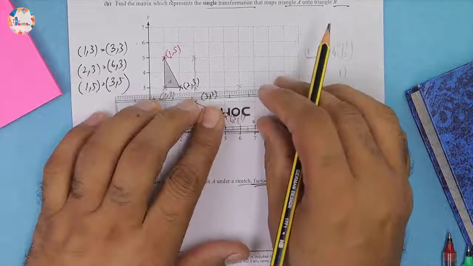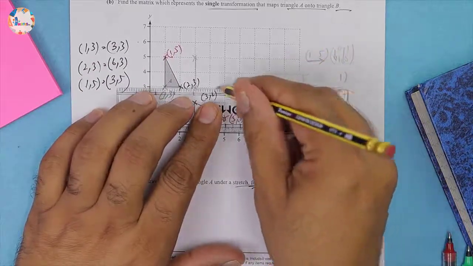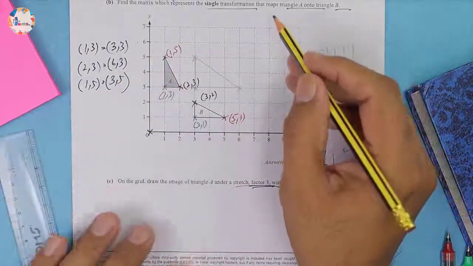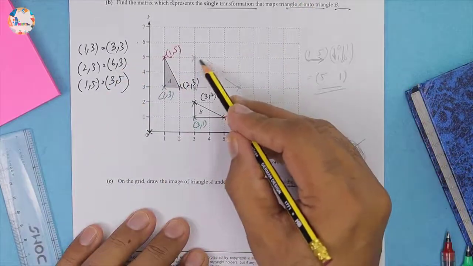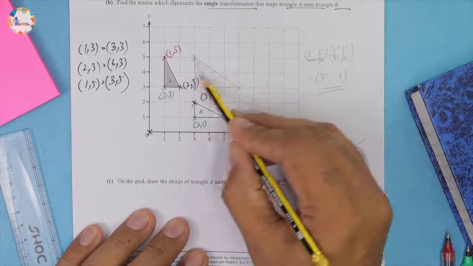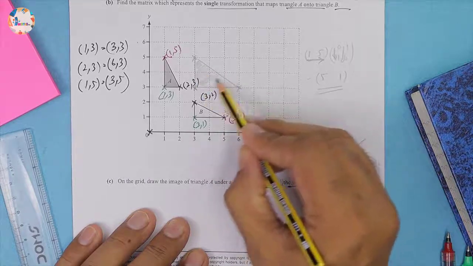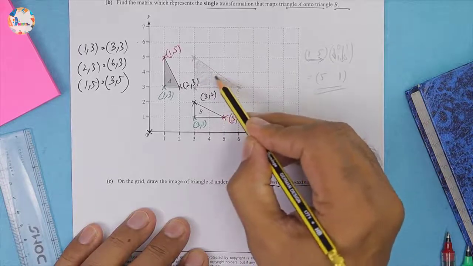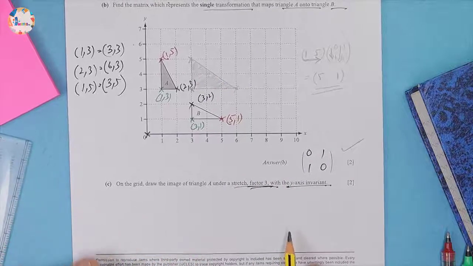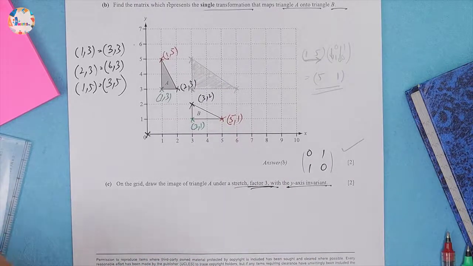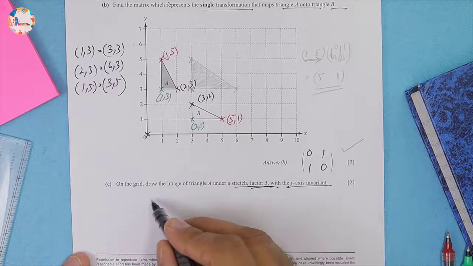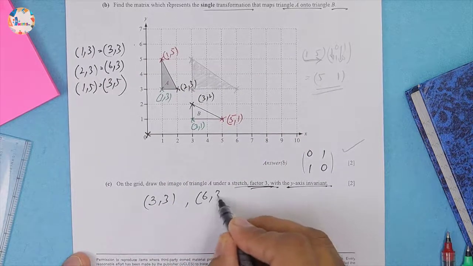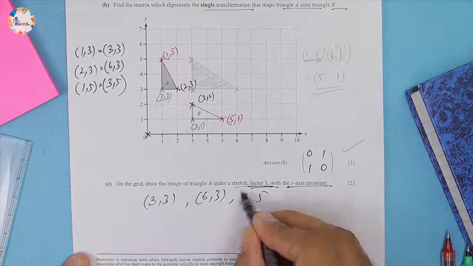We can draw this by joining these points, and this will be the stretched triangle. I'm shading it for your understanding so that you can see this. It is not required by the question, so I'm shading for your clarification. This is done, and we can write these new coordinates, 3 3 and 6 3 and 3 5 over here.